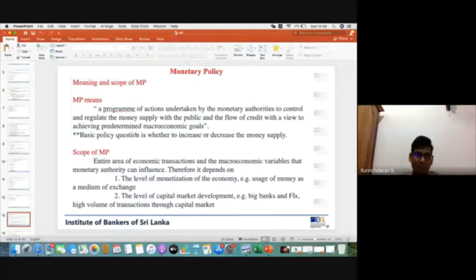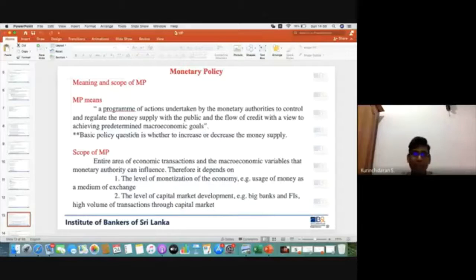The scope of monetary policy is the entire area of economic transactions and the macroeconomic variables that the monetary authority can influence. Therefore, it depends on the level of monetization of the economy, that means usage of money as a medium of exchange, and the level of capital market development, maybe big banks or financial institutions and high volume transactions through capital markets.